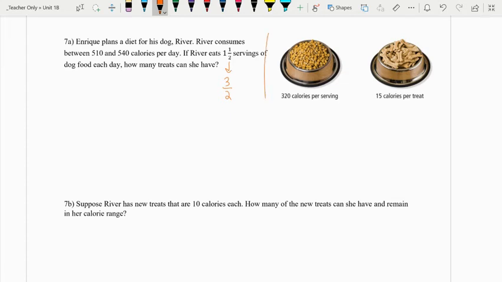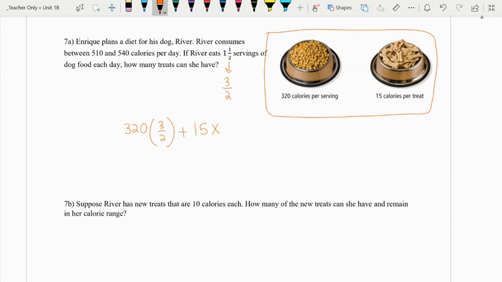So we're basing it off of this picture over here, right? So 1.5 servings of dog food. So I can take this 320 and multiply it by 1.5 or 3 halves. And then you're going to add it to 15 times however many treats that he's going to have.